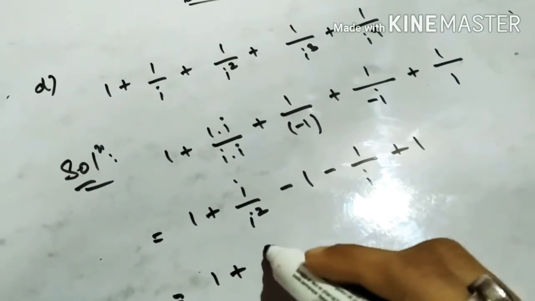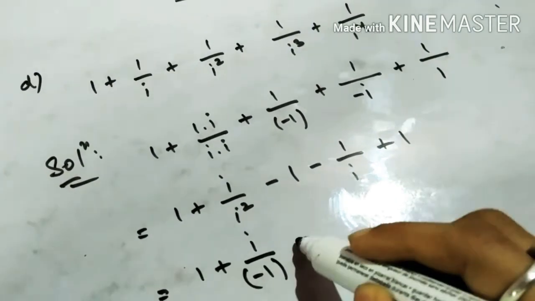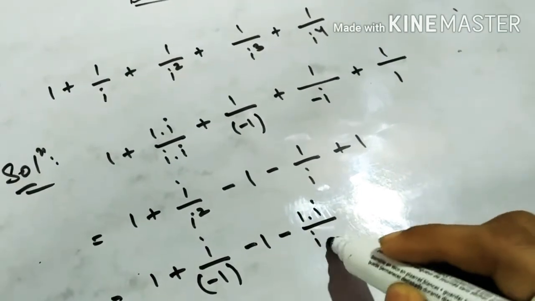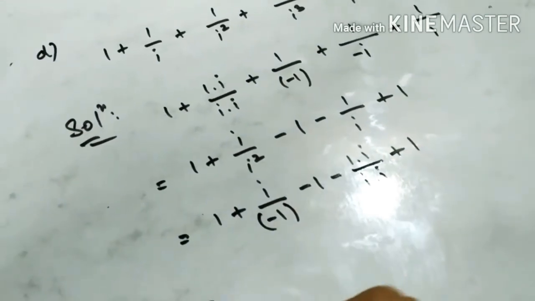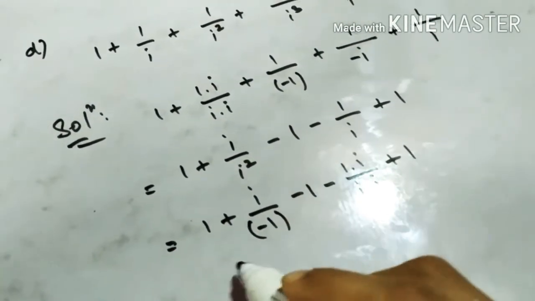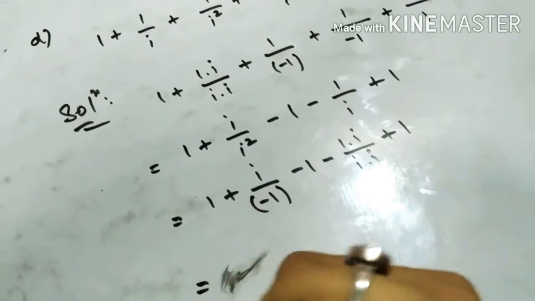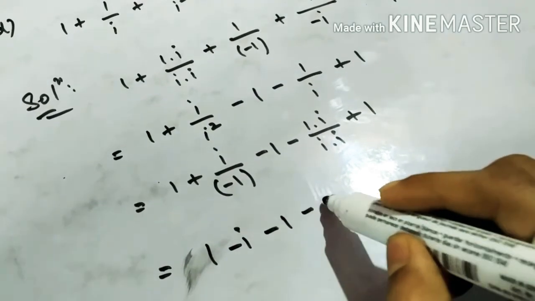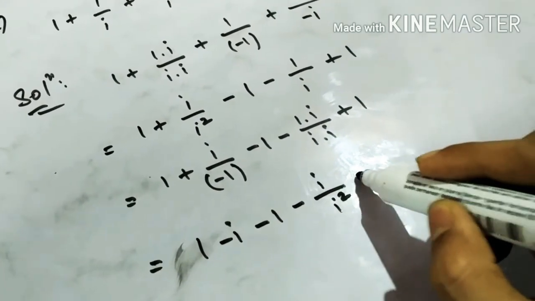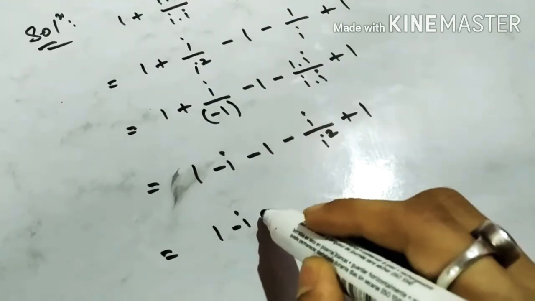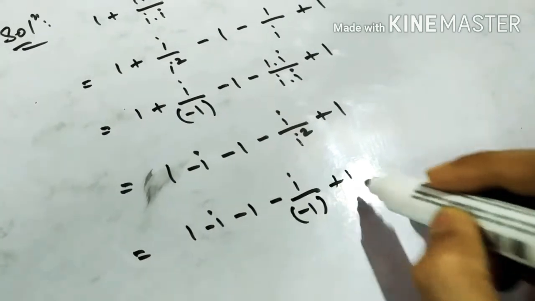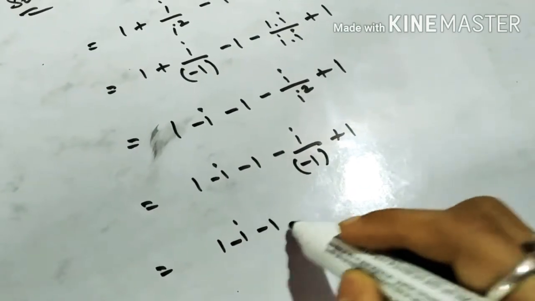So this 1 plus i by minus 1 minus 1, multiply both sides again by i. 1 minus i minus 1 minus i by minus 1 plus 1, 1 minus i minus 1 plus i plus 1.